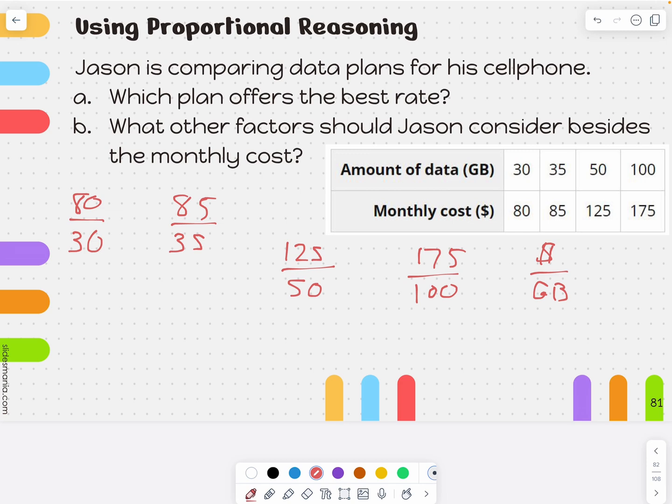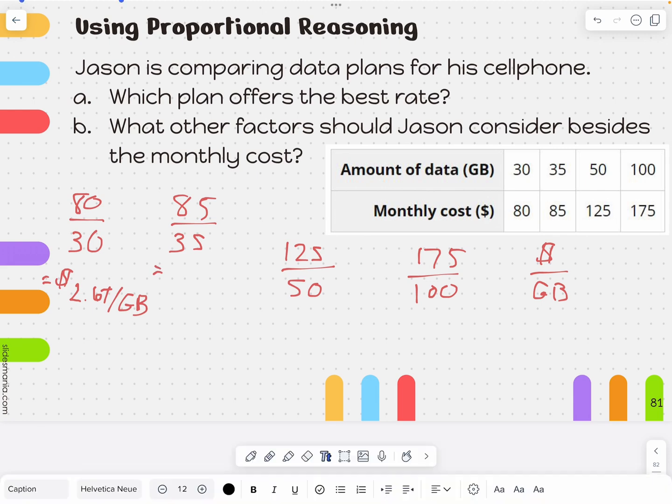So that first plan, the cost per gig is $2.67, 67 cents per gigabyte. My second plan, $85 divided by 35 gigabytes, that's $2.42.